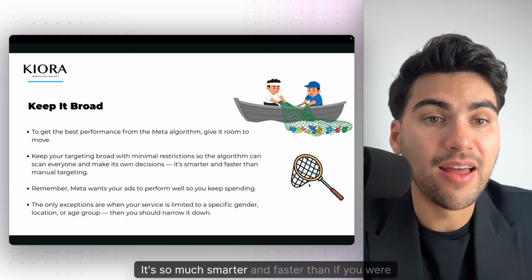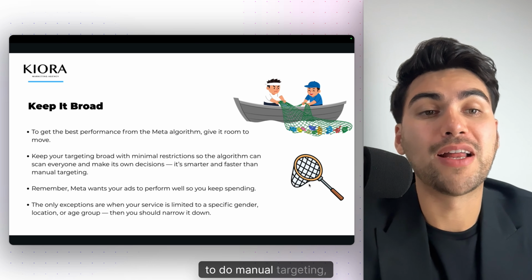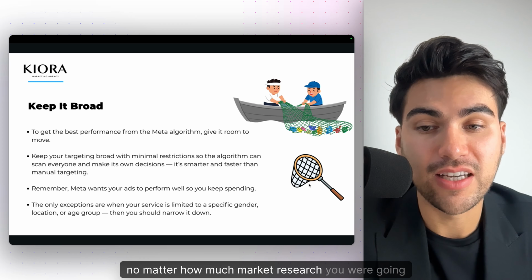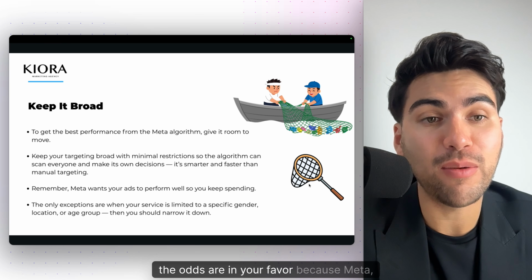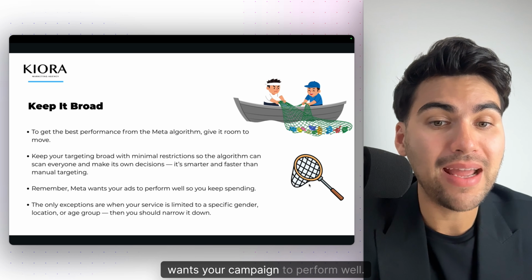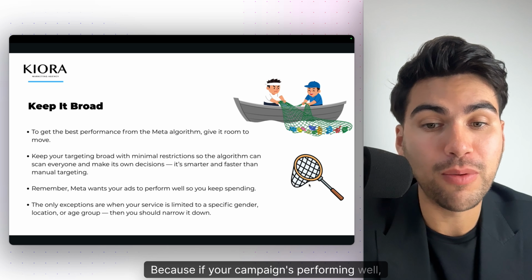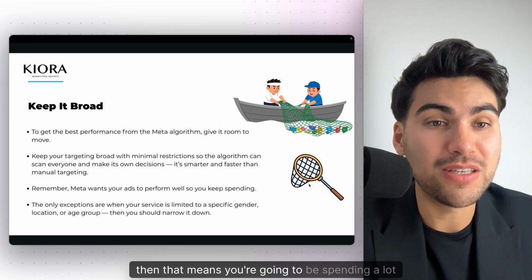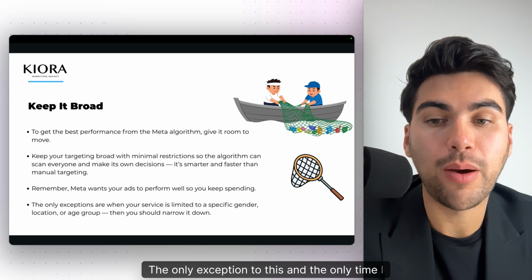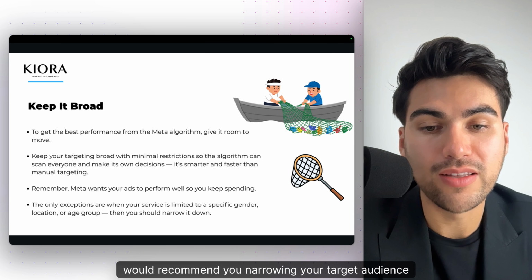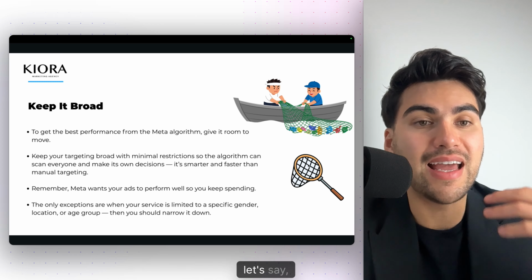It's so much smarter and faster than if you were to do manual targeting, no matter how much market research you do. And remember, the odds are in your favor, because Meta wants your campaign to perform well, because if your campaign's performing well, then that means you're going to be spending a lot more money there. The only exception to this, and the only time I would recommend narrowing your target audience, is if you can only serve, let's say, a specific gender.